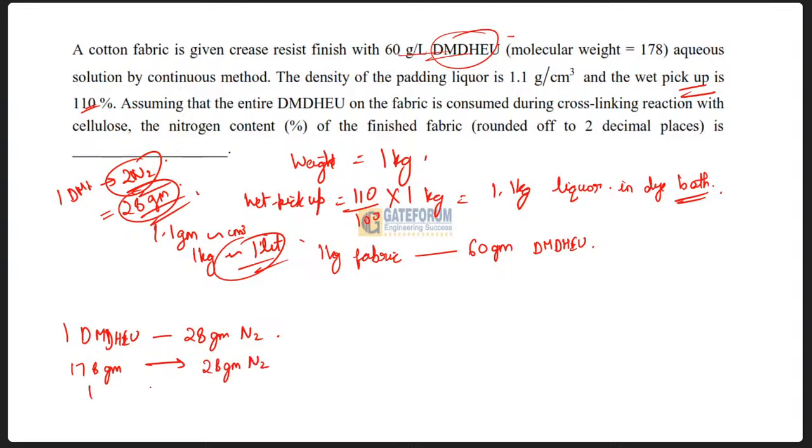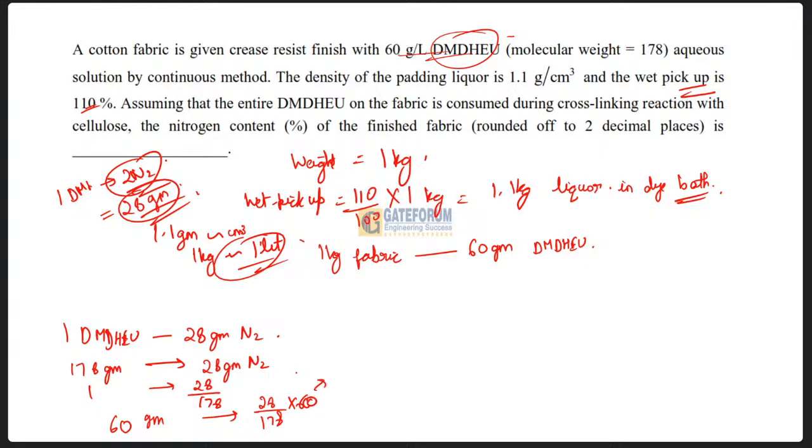So 1 gram DMDHU has 28 upon 178 gram nitrogen. And how much DMDHU is given? 60 gram DMDHU is given. In 60 gram DMDHU, how much nitrogen would be present? 28 upon 178 into 60.